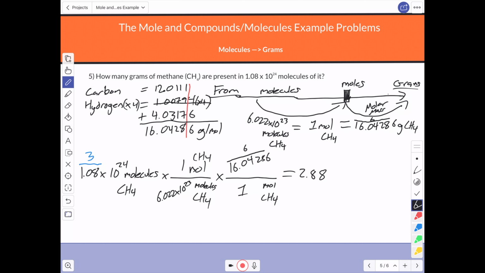We're going to have to do 24 minus 23 because of our exponents, which leaves us with a 1. So our exponent will be times 10 to the 1.